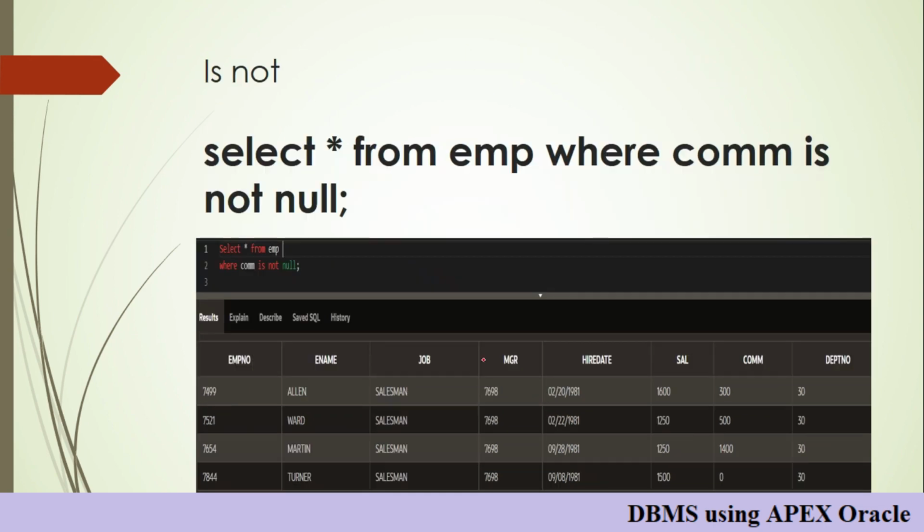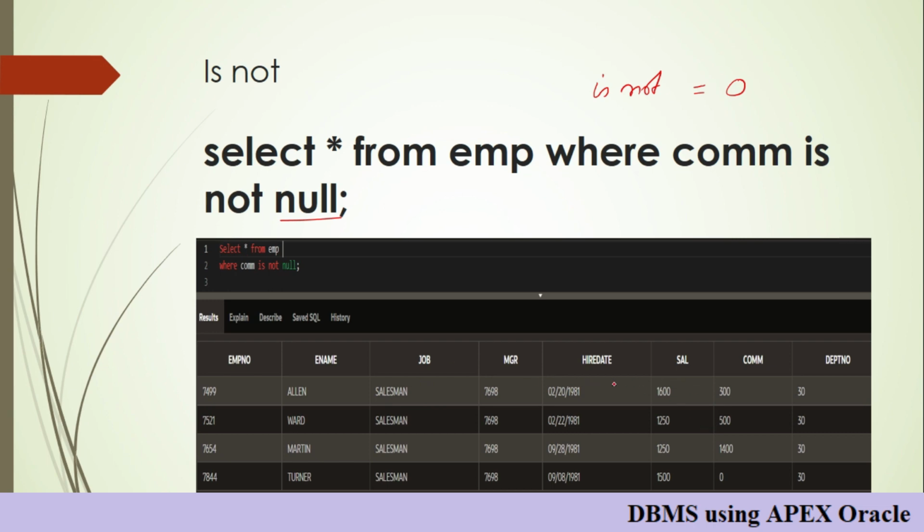Next is not. Select asterisk from employee where commission is not null. So you can use select asterisk from employee where commission is not null, or you can say commission is not equal to 0. You can use this also.